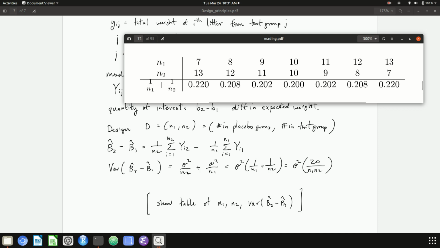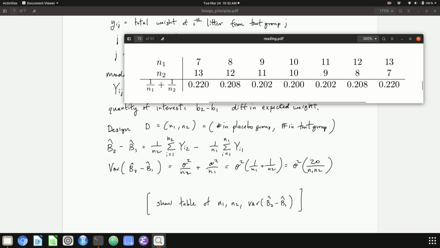If you just calculate it, you can see that it has its smallest value at n1 and n2 both equal to 10. This, again, should come as no surprise. The best experiment, if you're trying to estimate the difference between the hormone group and the placebo group, is to assign 10 to the hormone group and 10 to the placebo group.